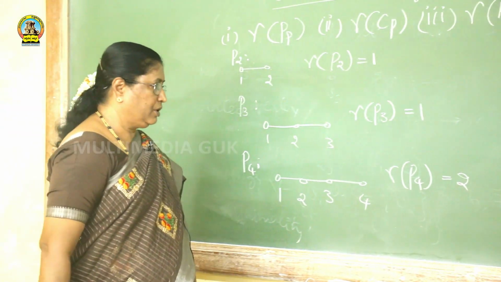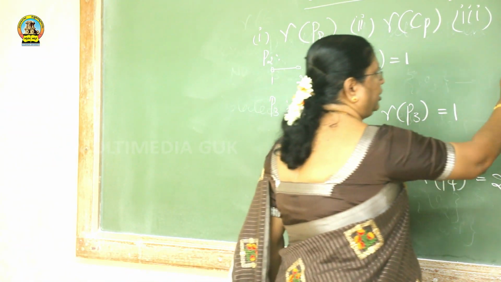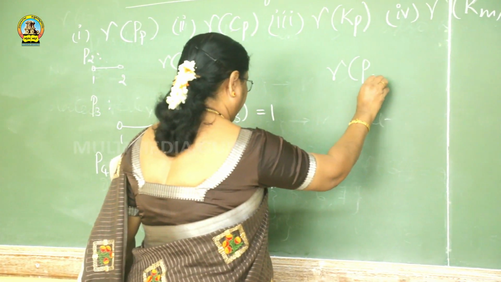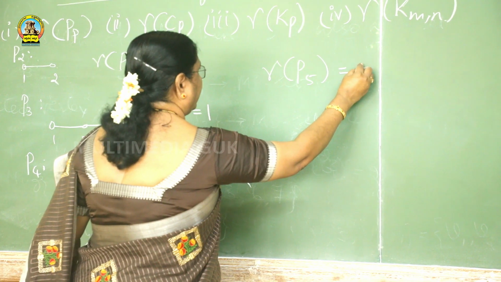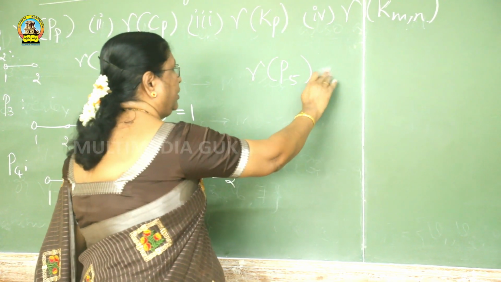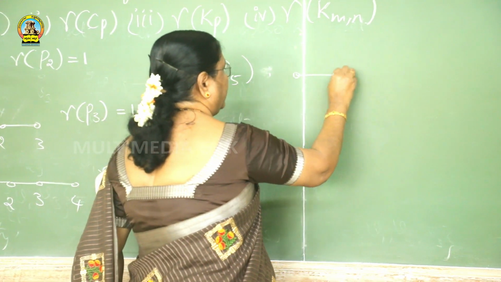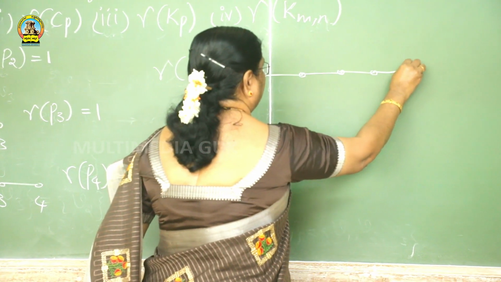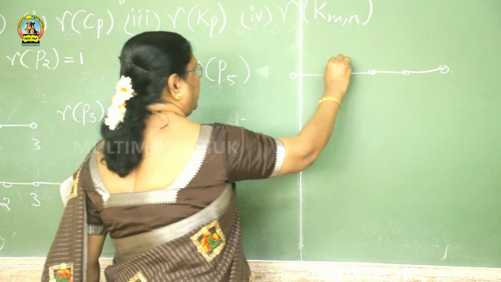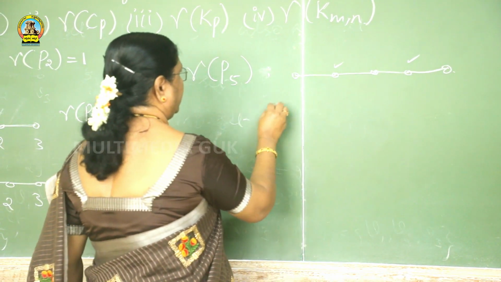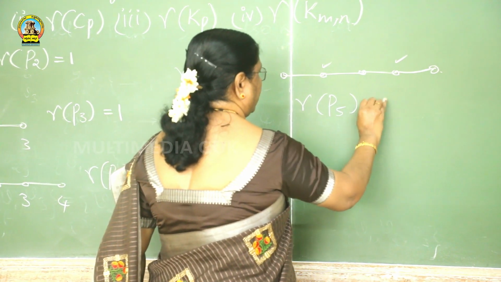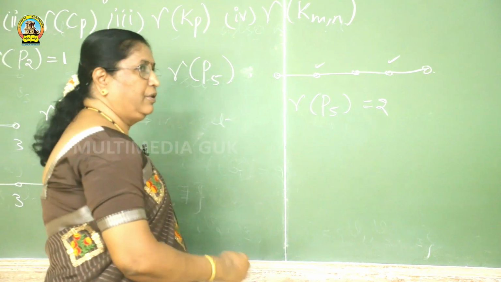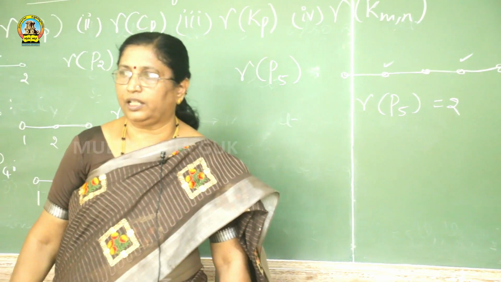You have 2. And the domination number of P5, with 5 vertices, right? If you choose any 2 vertices, the domination number of P5 is 2. And the domination number of P6 and so on, you can get it.